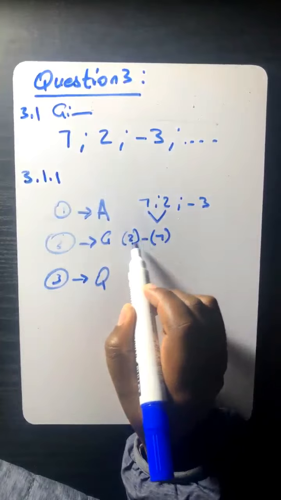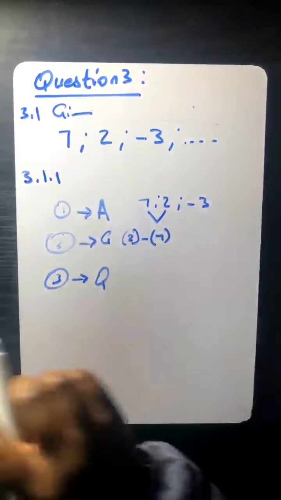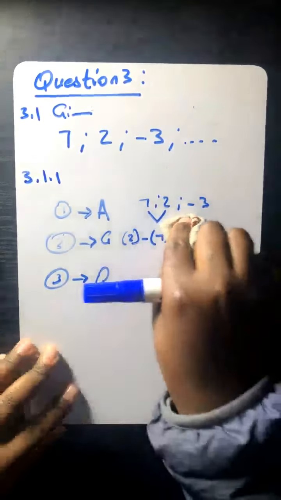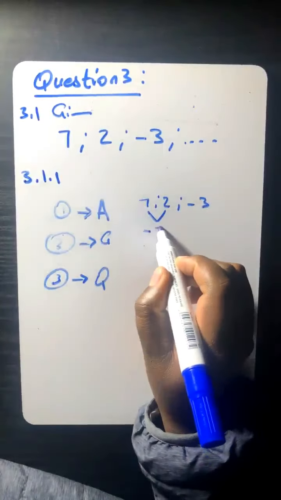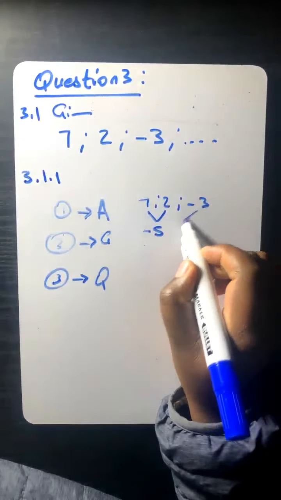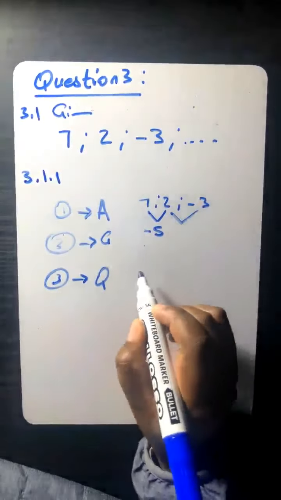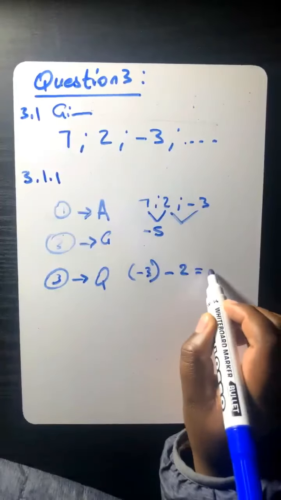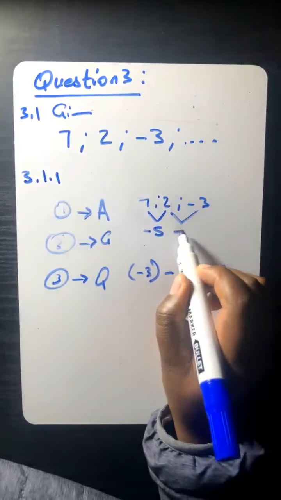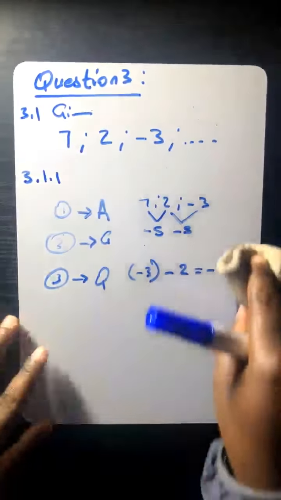What is that, guys? I think it's -5. I hope I'm correct with that. So it gives me -5. Then what is -3 minus 2? So in brackets it is (-3) minus (2), and this equals -5. So I'm having -5.